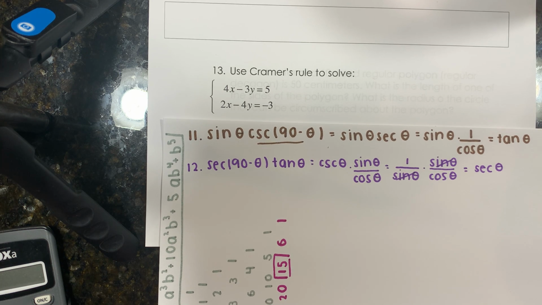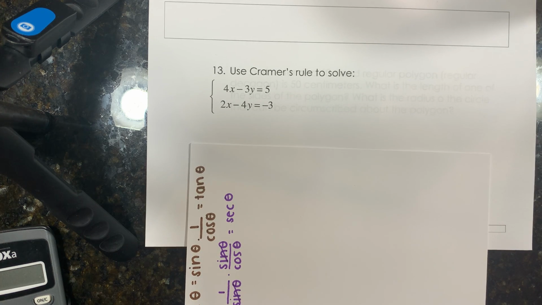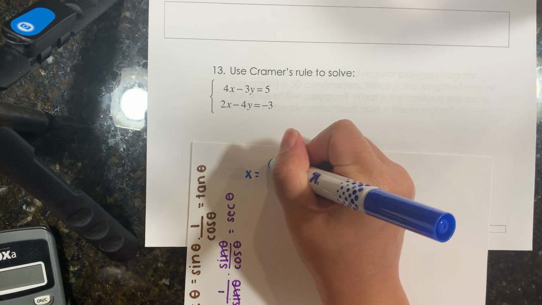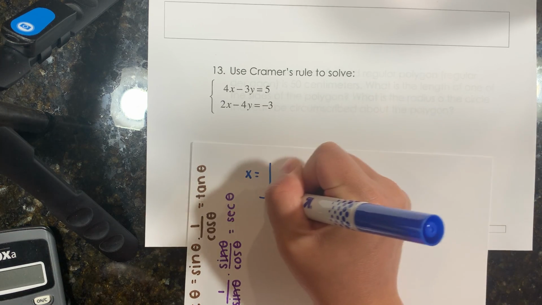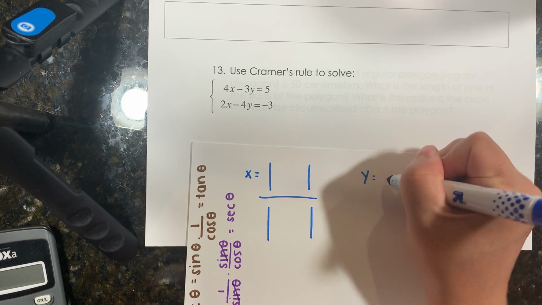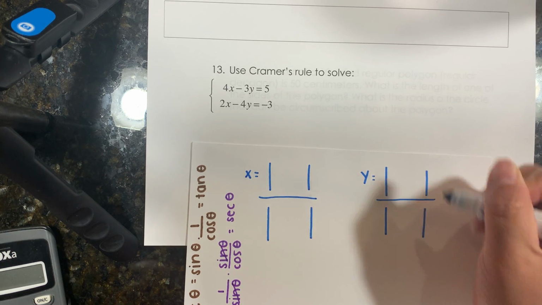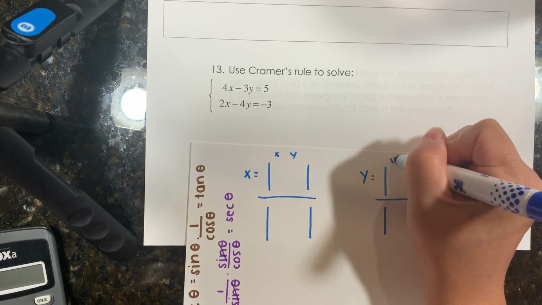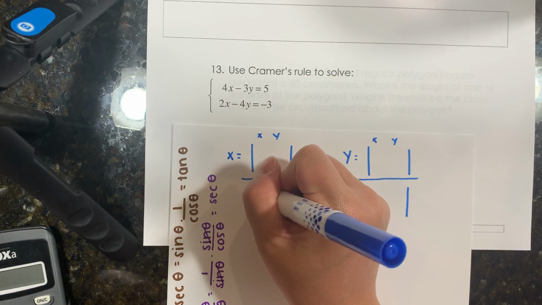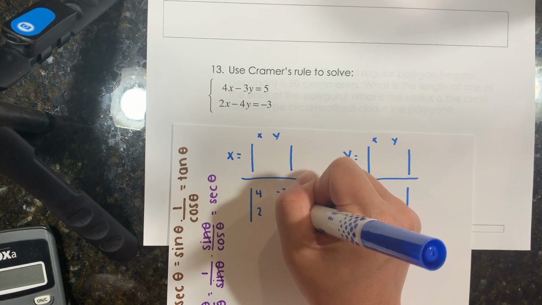Now moving on to number 13, we're going to use Cramer's rule to solve. So I'm going to start with solving for x, and I'm going to do a matrix over a matrix. For the y, I'm going to do the same thing, matrix over a matrix. I have my x column and my y column, and all I'm going to do is fill in my coefficients. So that would be 4, 2, -3, -4.